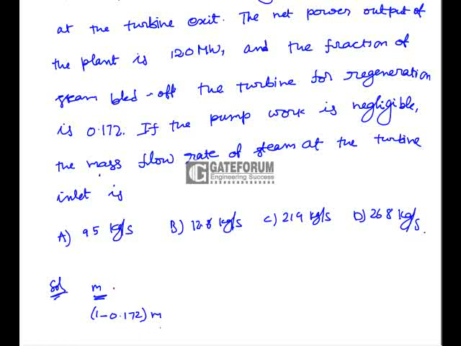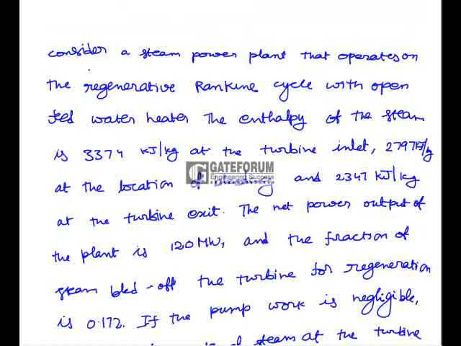And in the first stage the enthalpy drop is from 3374 to 2797, that is at the location of bleeding. This is the first enthalpy drop in the first stage, and in the second stage the enthalpy drop is from 2797 to 2347 kilojoule per kg.